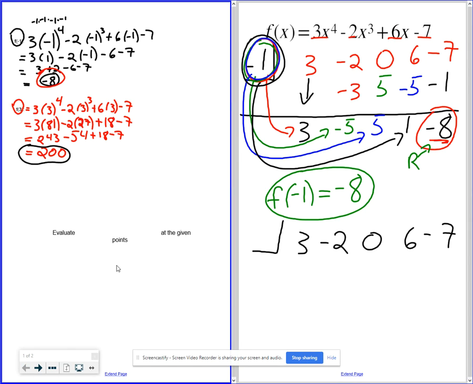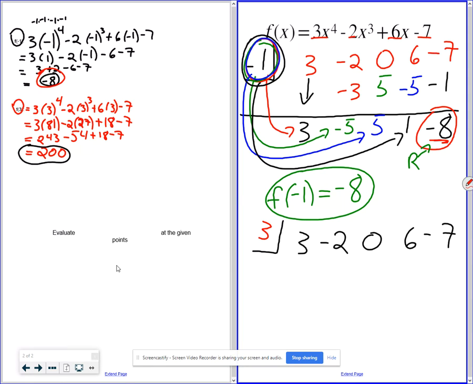So we have 3 over here. We'll draw our line. And then we'll drop the first coefficient. We never multiply by the first coefficient. And now we go to work.